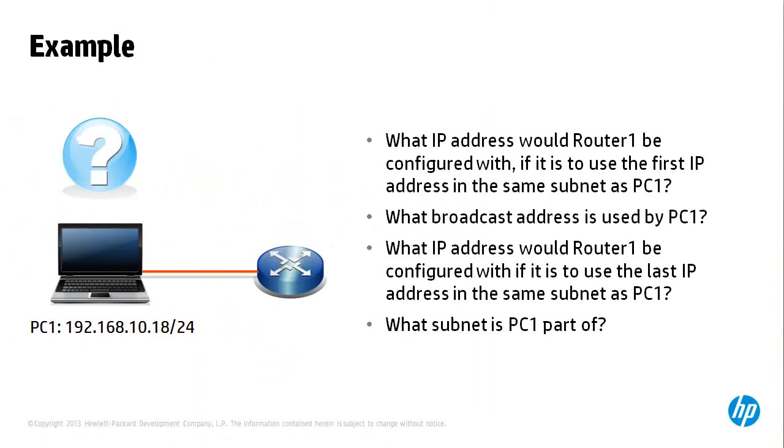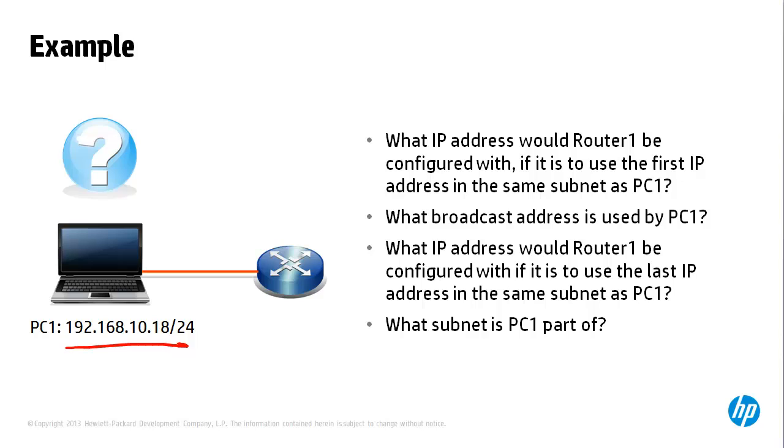So here's an example. We have a PC with IP address 192.168.10.18/24. What IP address would router 1 be configured with if it is to use the first IP address in the same subnet as the PC? What's the broadcast address used by this PC? What IP address would the router be configured with if it is to use the last IP address in the same subnet as the PC?